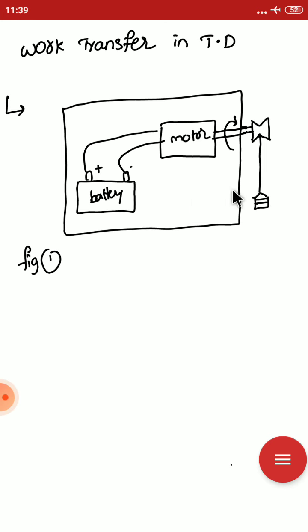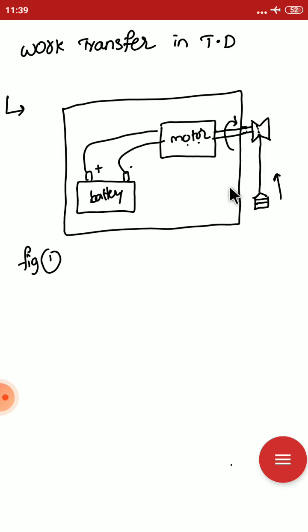Now the work is transferred. The pulley is driven by the motor. The battery drives the motor. The motor drives the pulley, and the pulley can raise the weight.